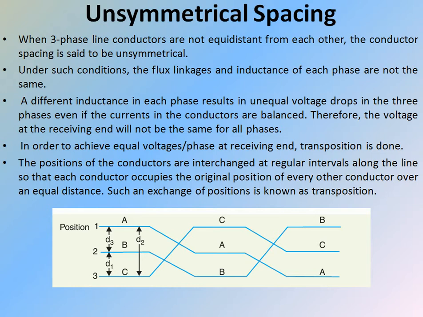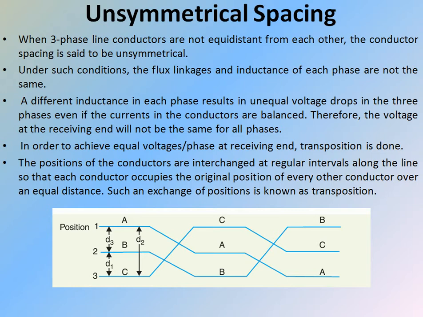Under this condition of unsymmetrical spacing, the flux linkages and inductance of each phase are not the same. This is due to the fact that the phase conductors are placed at different distances apart. If you write down the relation for total flux linkage associated with conductor A, conductor B and conductor C under unsymmetrical condition, you will find that the flux linkage terms are different.